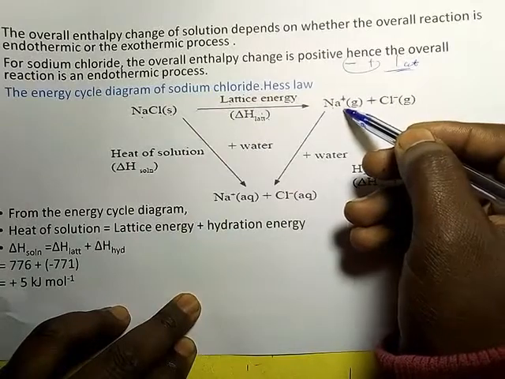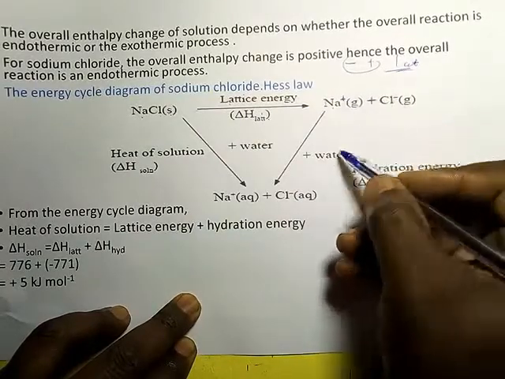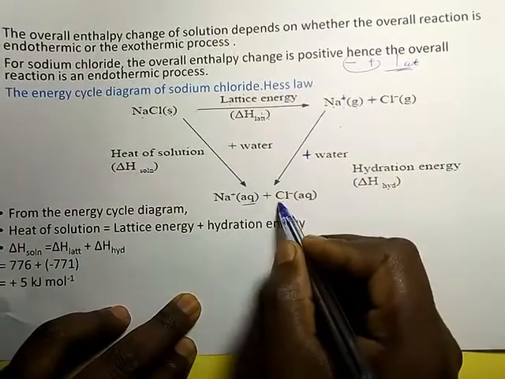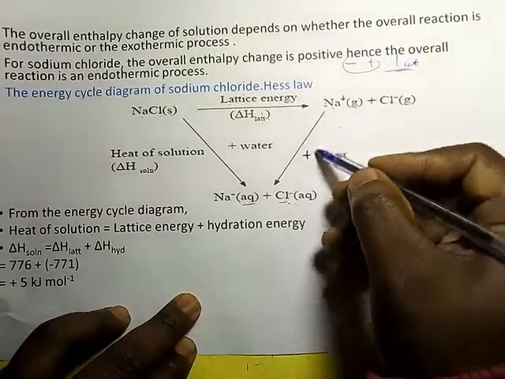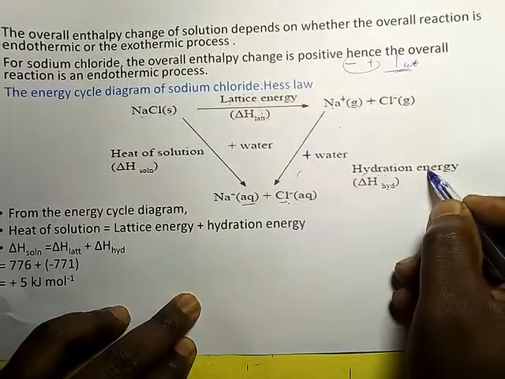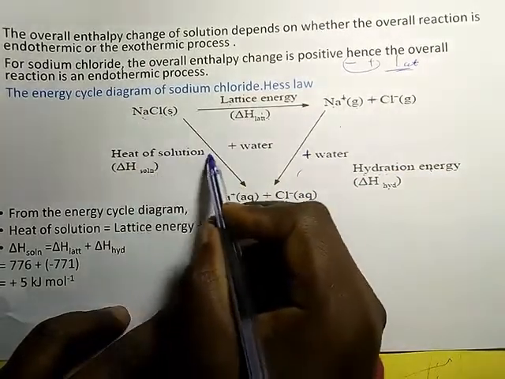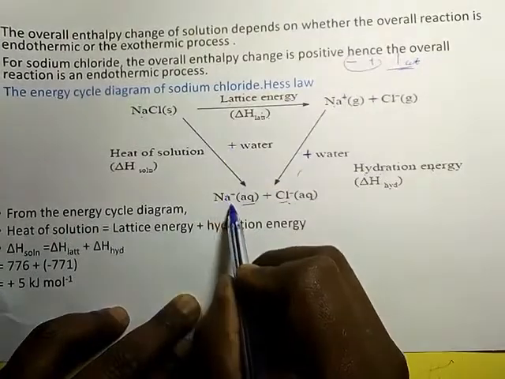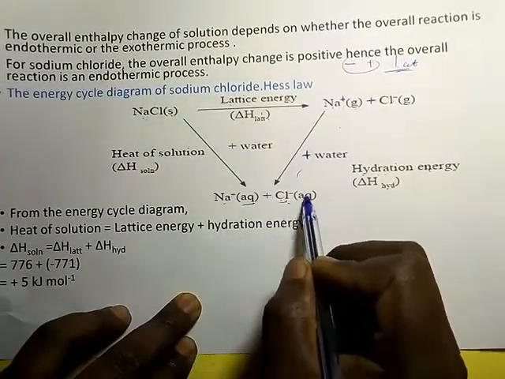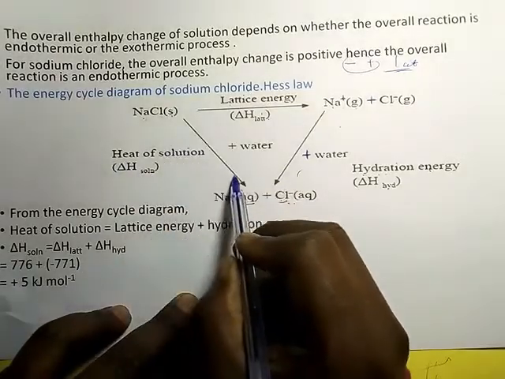Now the ions in gaseous form are added to water, and they form aqueous ions, which is the final product, and this process is called hydration, or the energy here is hydration energy. Adding water to sodium chloride, we form sodium ions in aqueous, chloride ions in aqueous, and that's what we call heat of solution.